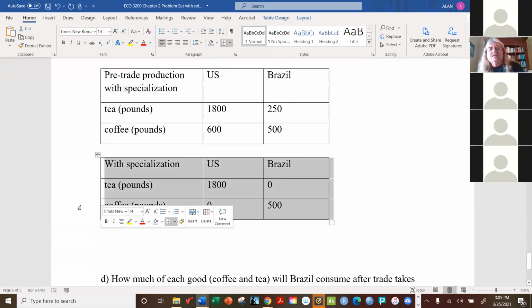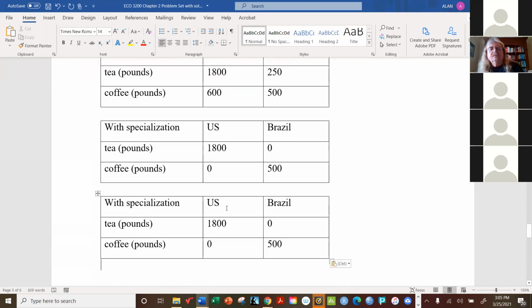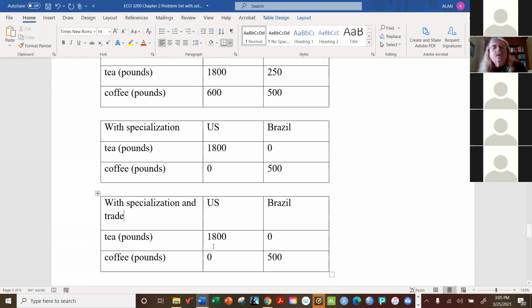So that comes next. Okay, so with specialization and trade, we're going to subtract 300 from here. The US makes 1,800 teas, and then they trade 300 of them to get 300 coffees, whereas Brazil trades away 500 of those coffees to get 300 teas.